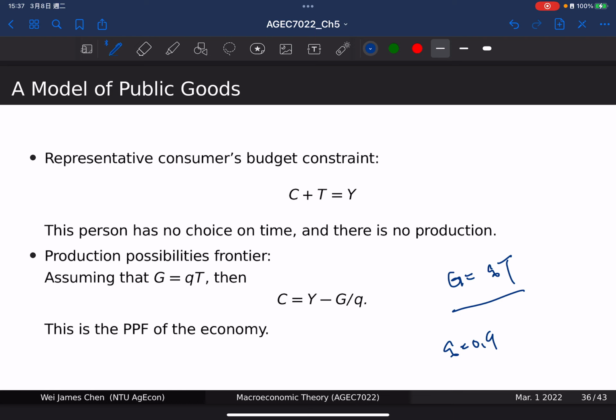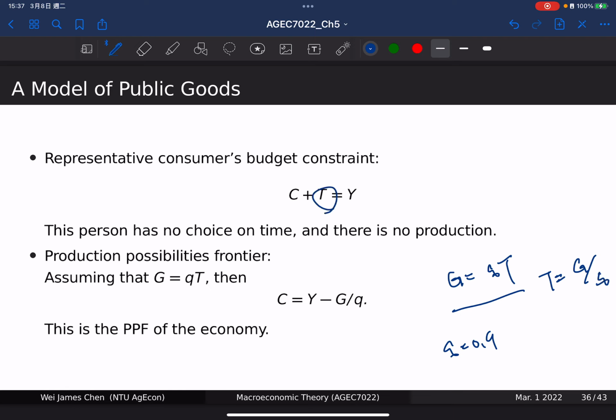The idea here is that, remember, G is different from the previous G. Now G, you can think of it as how much the consumer enjoys or spends on the public transportation, park, or any public services. And if G is QT, then T is G divided by Q, right?